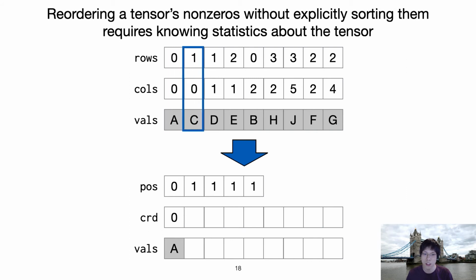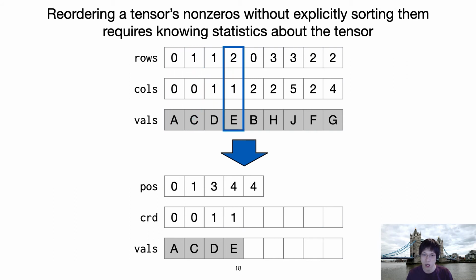And as we repeat this process for every input nonzero, we see that every insertion actually requires updating most elements of the pos array, which imposes significant overhead. But not only that, now we've encountered another nonzero that's also in the first row. So to ensure that all nonzeros in the same row are grouped together in the result, we actually have to insert this new nonzero in front of all other nonzeros that belong to subsequent rows.